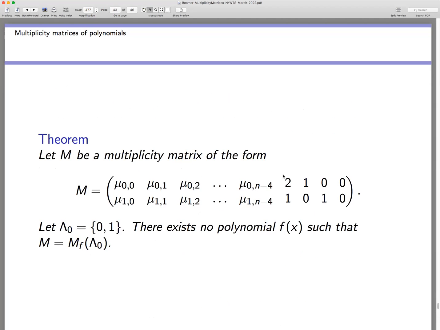Why not? This says that if you evaluate the polynomial at 0, you get this multiplicity vector. You will have an x to the n term, an x to the n-1 term, and then the next term that might appear has degree at most n-4.